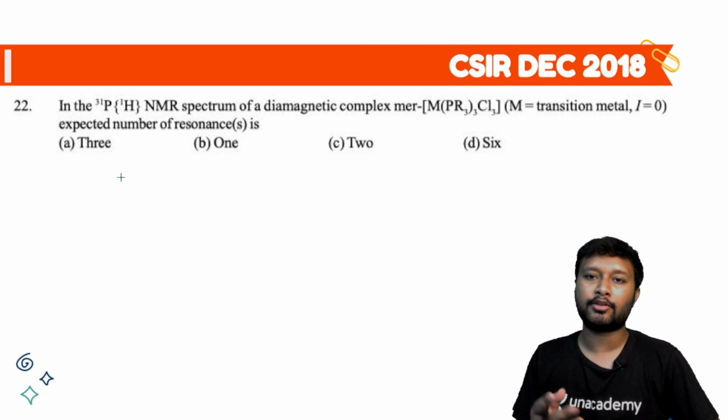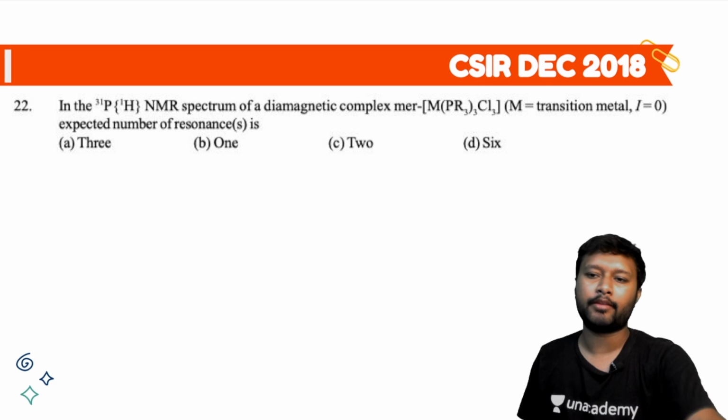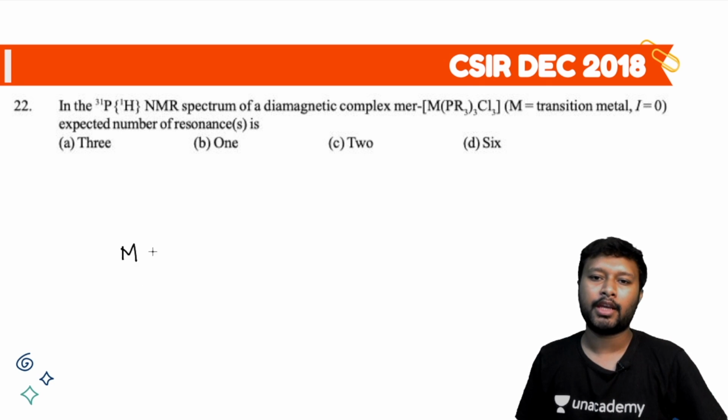Now first of all, let's draw this particular molecule. If I have M, I'll be having ligands in the back side, and in the front side here also, and then in the back side. So I can have the molecule in this way.